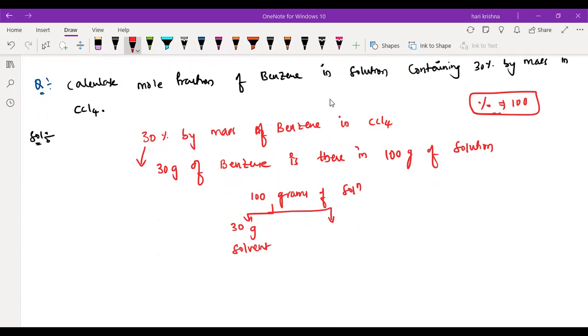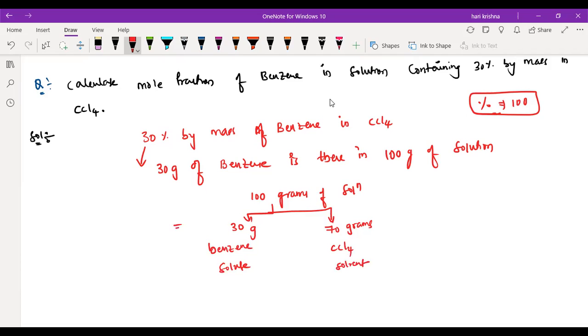Out of the 100, 30 grams of benzene is the solute, and the solvent is 70 grams of CCl4.